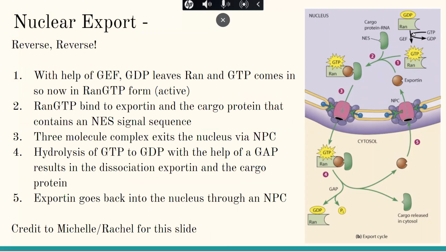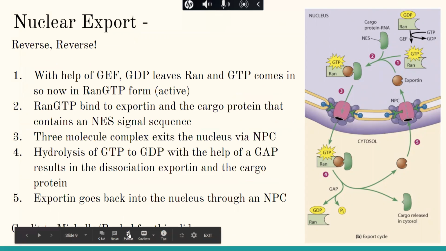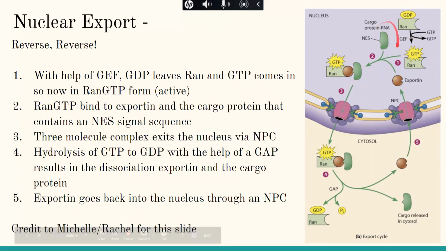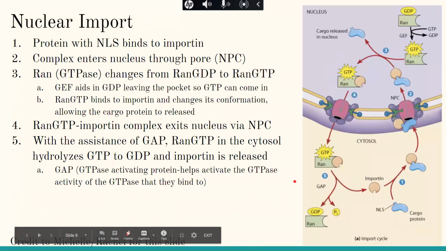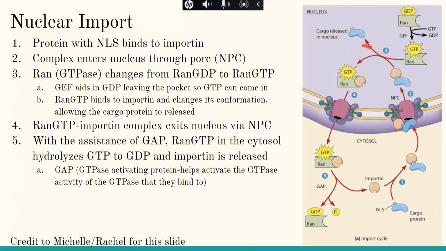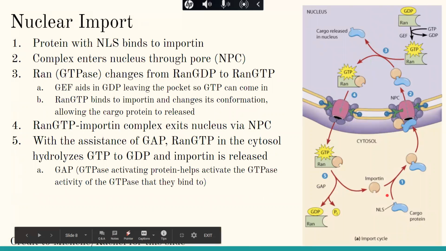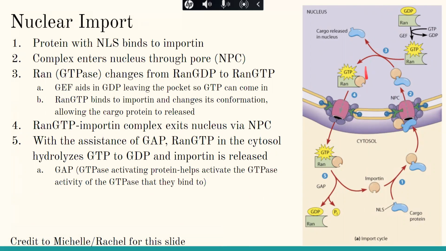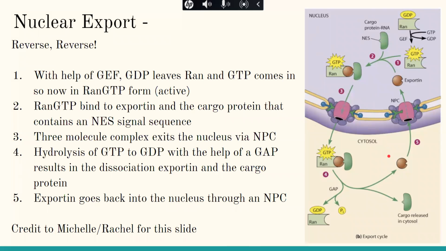It stays in this off Ran-GDP state. So it wouldn't be able to bind to exportin, and in the case of exportin, it wouldn't be able to bind to these two proteins and take them out of the cell. And then it would be the same in importin. It wouldn't be able to bind to importin to take it out of the cell. So you'd probably have a deficiency of cargo proteins entering the cell because they need this importin to enter. And it's the same with export too.